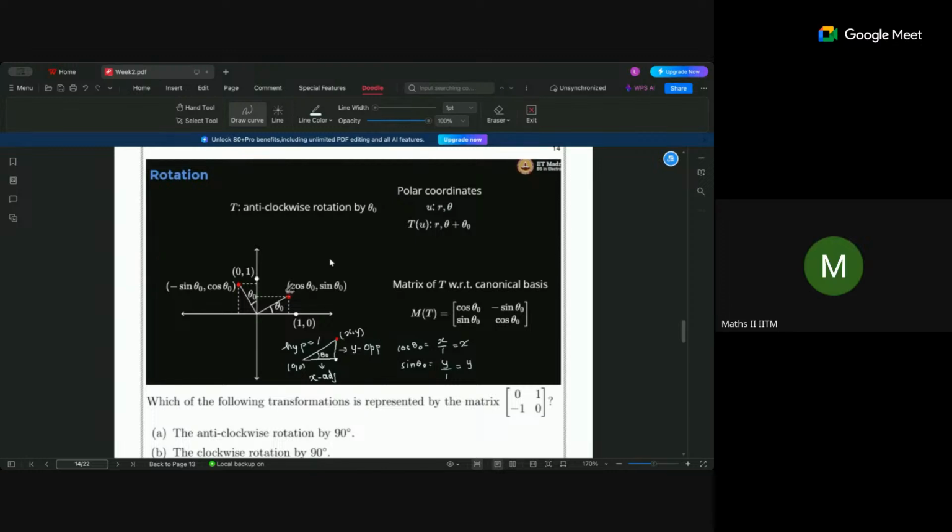So now you see that T of (1, 0) is cos theta naught, sine theta naught, and T of (0, 1) is minus sine theta naught, cos theta naught. That is why you have got this matrix.